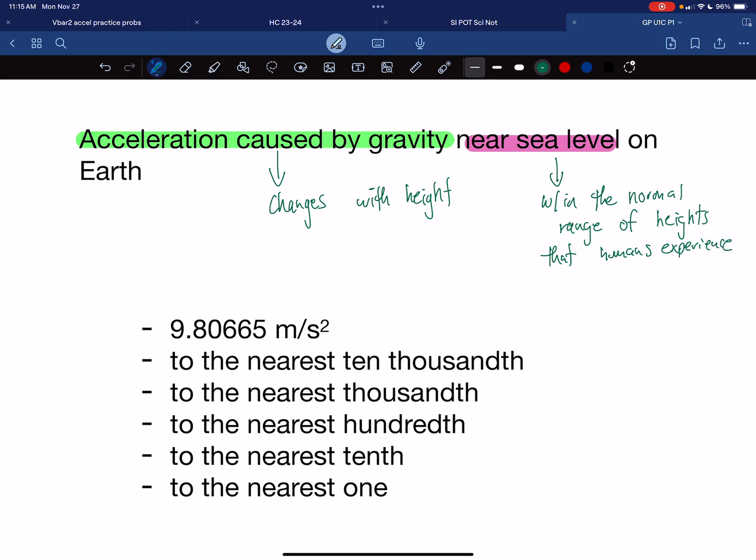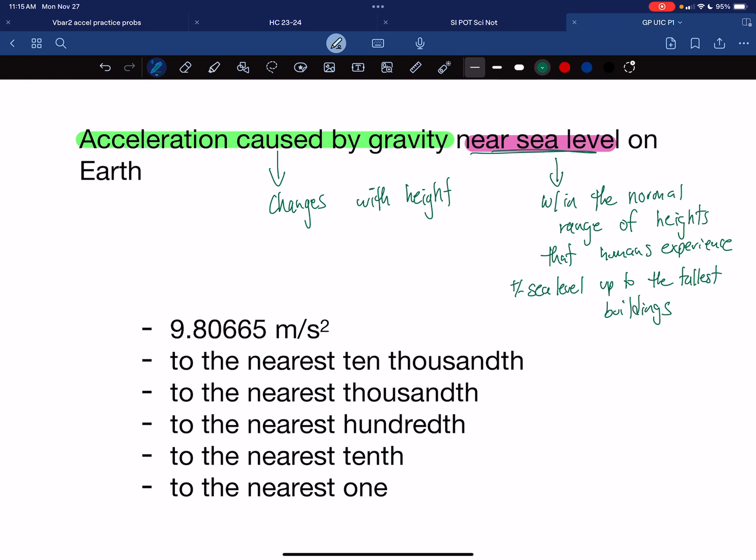So we could say from sea level or slightly below sea level, so plus or minus sea level, all the way up to the tallest buildings. So what that means is near sea level means in the normal range of experience that all of us will have in our day-to-day lives. And even beyond our day-to-day lives.